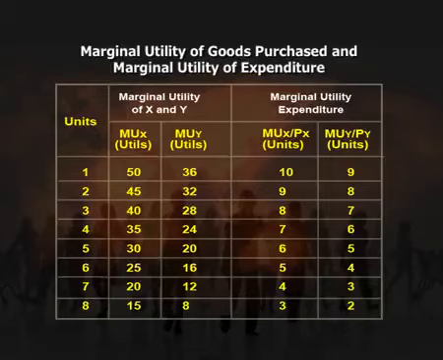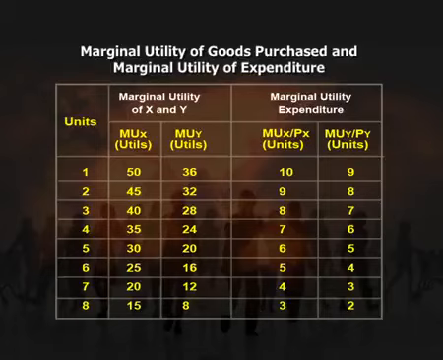This table shows how a rational consumer takes decisions about purchases of different quantities of both the goods X and Y. Assume that the consumer spends all his budget of rupees 50 to purchase good X. Since the price of a unit of good X is rupees 5, he can buy 10 units of X. This table shows the decline in MU derived from the purchase of each subsequent unit of good X due to the application of the law of diminishing marginal utility.